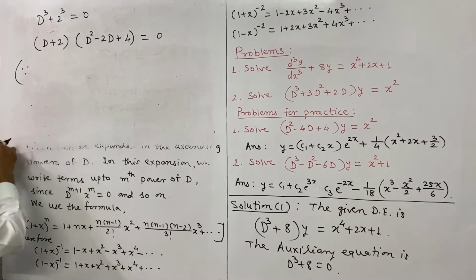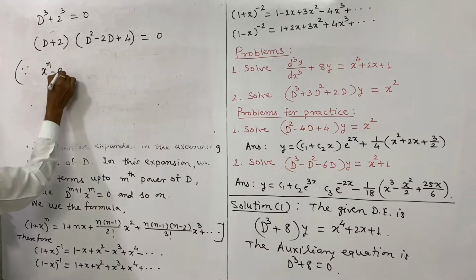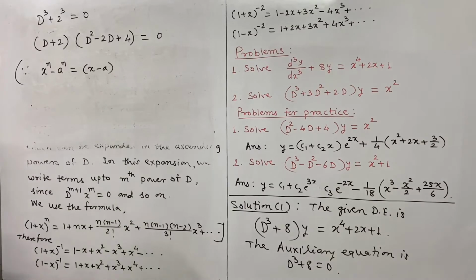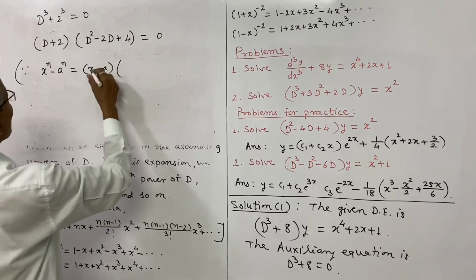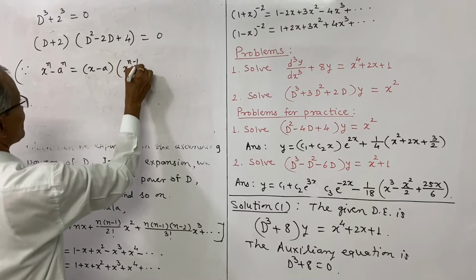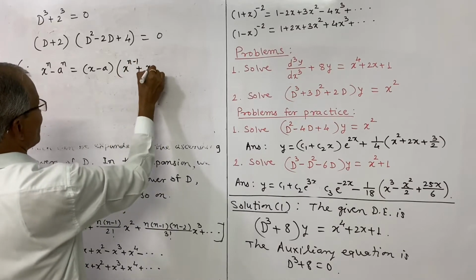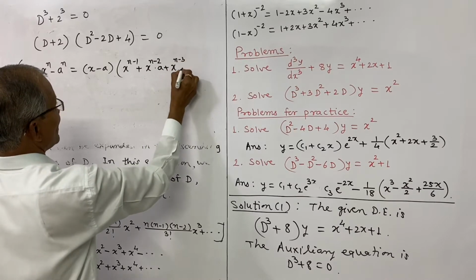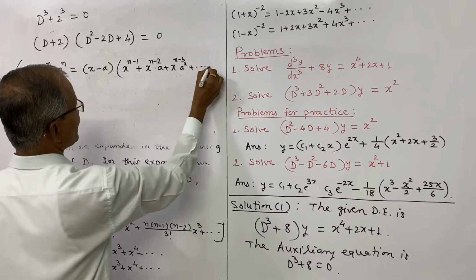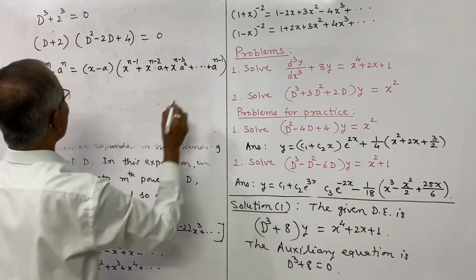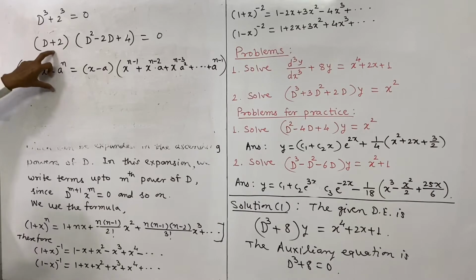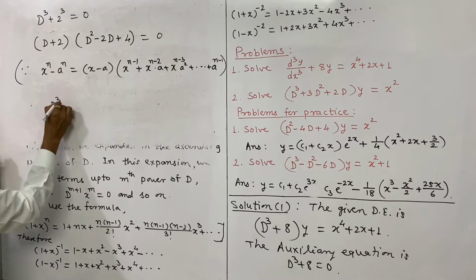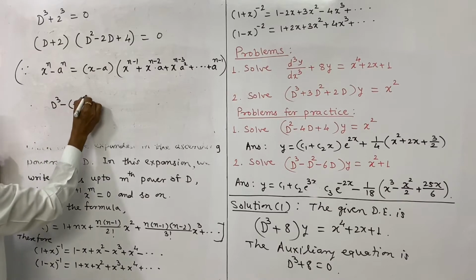Here we have used this formula: x power n minus a power n is equal to x minus a, and the next is x power n minus 1 plus x power n minus 2 into a plus x power n minus 3 into a square, and so on, the last is a power n minus 1. Here in place of minus there is a positive sign, so this can be written as D cube minus of minus 2 cube.